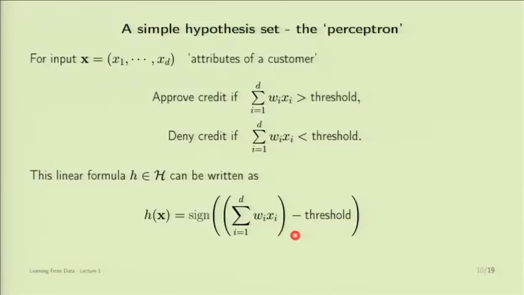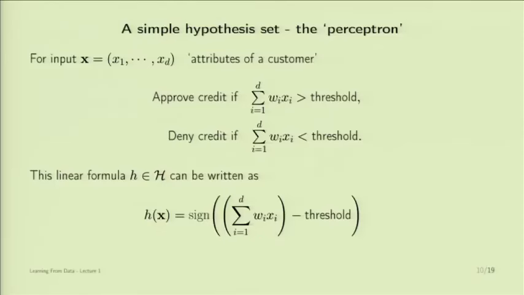If this quantity is positive, you approve credit. If it's negative, you deny credit. The function that takes a real number and produces the sign, +1 or -1, is called the sign. So when you take the sign of this thing, it will indeed be +1 or -1, and this will give you the decision you want. And that will be the form of your hypothesis.